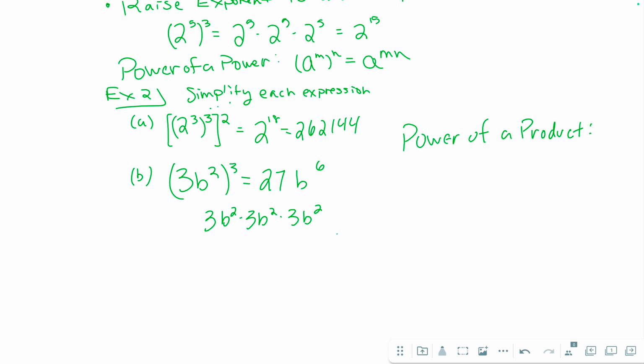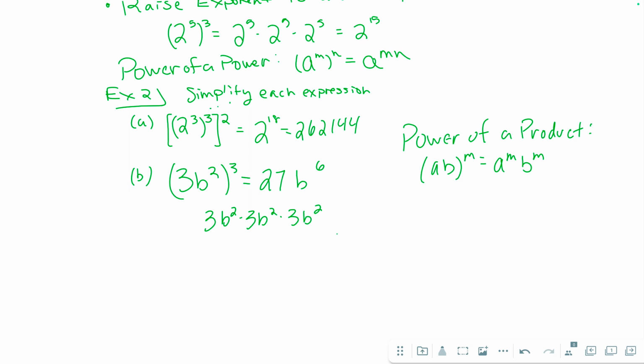The power of a product is essentially if I have an expression like this, if I have something in parentheses, it's a product, and I'm raising it to a power, therefore power of a product, we are just distributing the exponent to each piece.